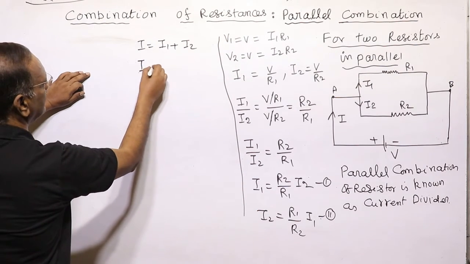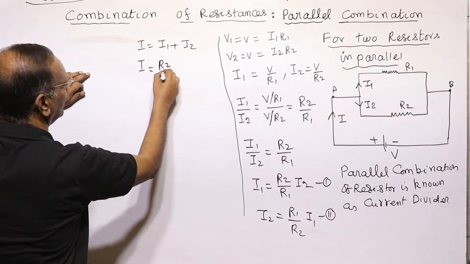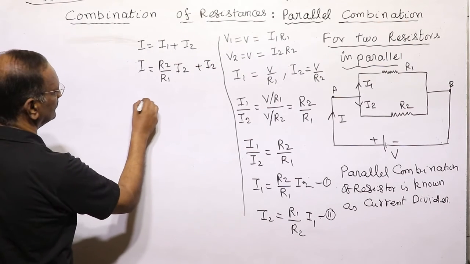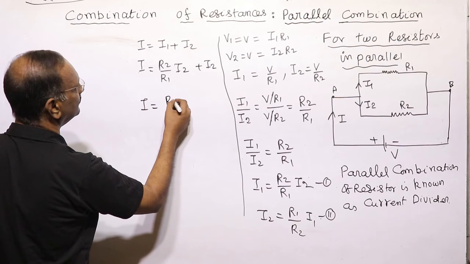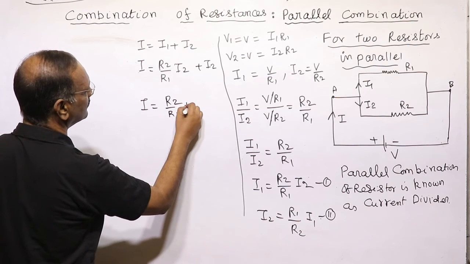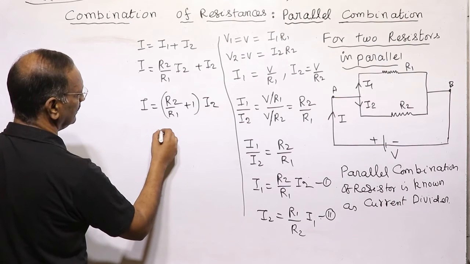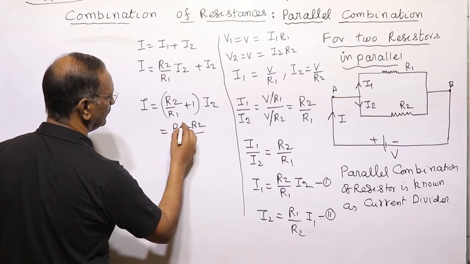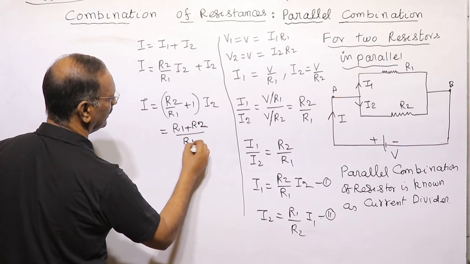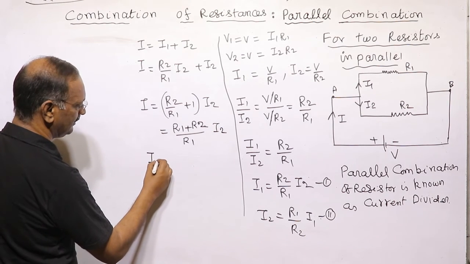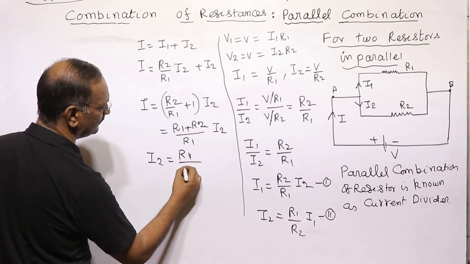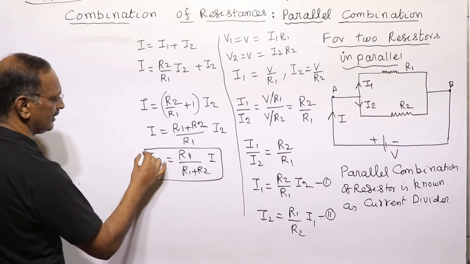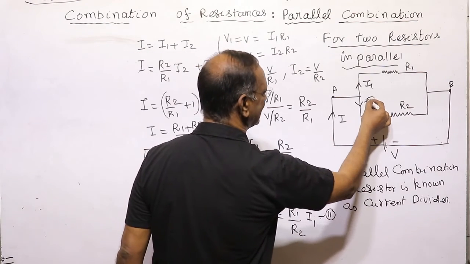Substituting for I1, I is equal to R2 by R1 into I2 plus I2, so I is equal to R2 by R1 plus 1 into I2, which is R1 plus R2 divided by R1 into I2, or I2 is equal to R1 divided by R1 plus R2 into I. See, this current is divided, so the value of I2 will be this much.